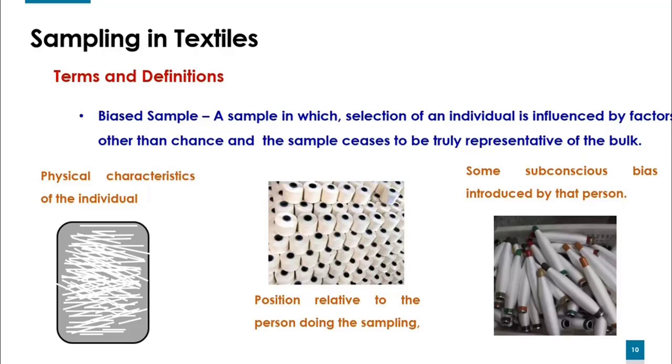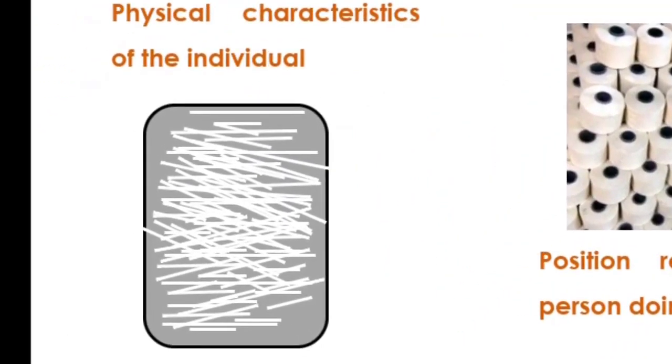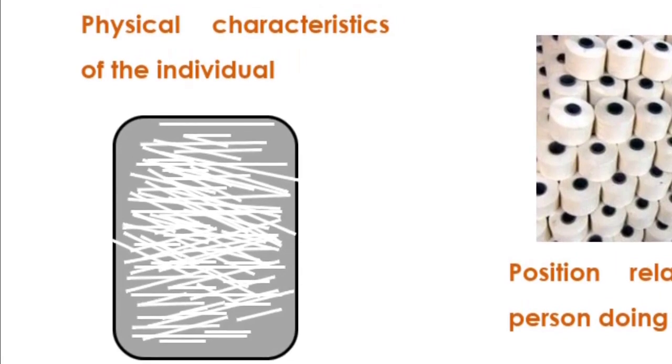There are three different causes in general for a biased sample. The first cause is the physical characteristics of the individual. Here I have shown a plate on which fibers are there, fibers having different lengths. If you are asked to report the length of the fiber and you are going to collect a few fibers from the given bulk, then what is easy for you, collecting short fibers or longer fibers?